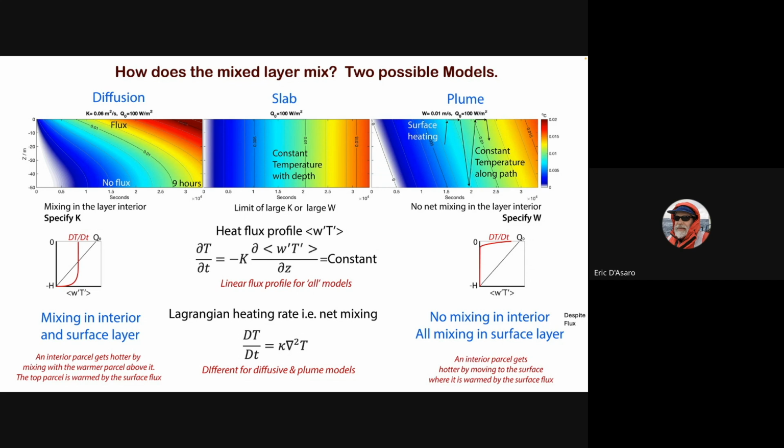Same thing happens. How, in this case, does a parcel of water warm? An interior parcel gets warmer by going to the surface, warming up, and going back down again. Very different physics, and it's nicely expressed by the Lagrangian rate of heating, which is an intrinsically Lagrangian quantity.